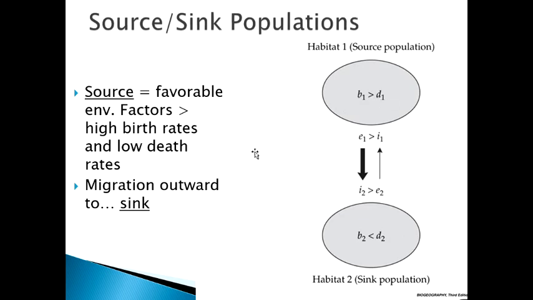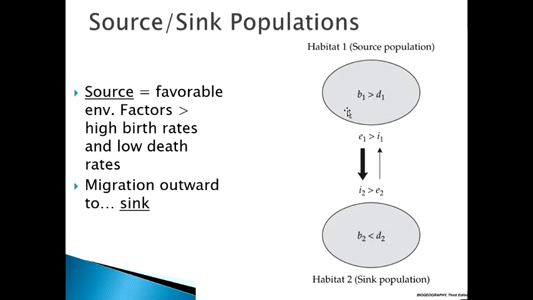There is also, shown on this diagram, emigration and immigration. Emigration is the movement of individuals out of a source, and immigration is movement of individuals into it. So notice near the source population, the number of emigrants is much greater than immigrants.